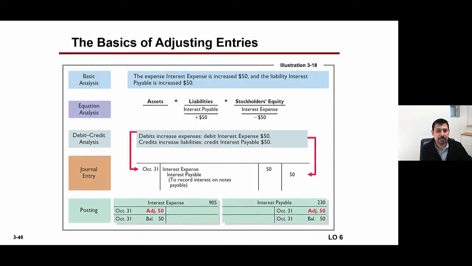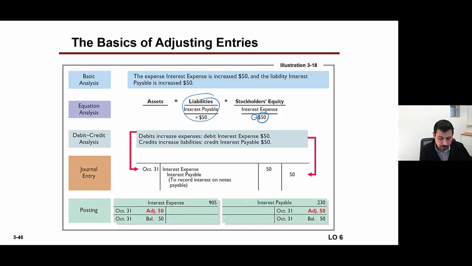And this is the analysis. We can see here that the adjusting entry would increase the liability as well as increase the expenses. Remember that the minus here indicates that this will decrease stockholders' equity.